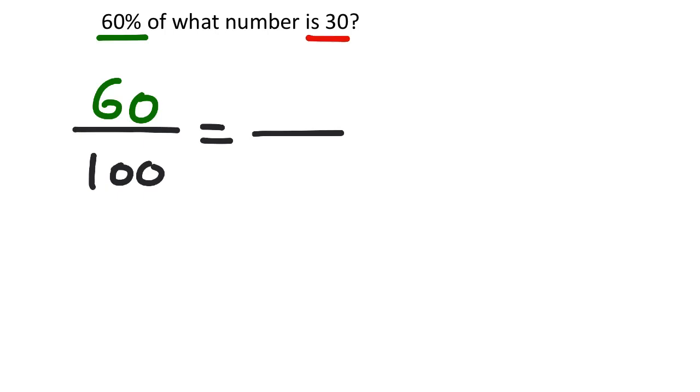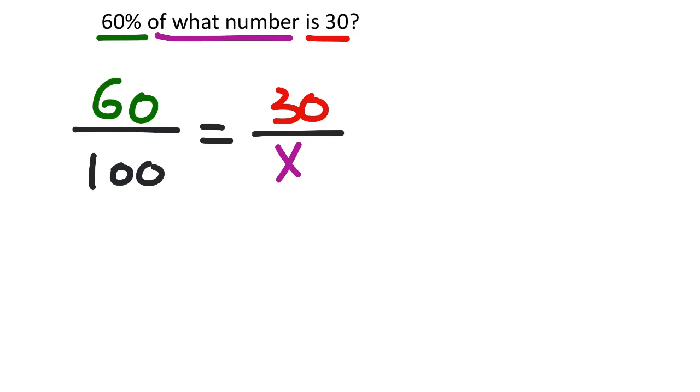And it said "is 30," which means that's my numerator, or the 30 is the part. And in this case, I don't know my whole value. So 60% of what number is 30? Of what number? Hopefully that kind of makes sense as well. It's of the whole, which is the denominator in that second fraction.